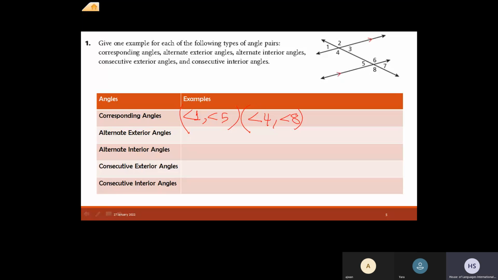Another pair of angles that are corresponding. They are on the same side of the transversal and both up or both down. Julie told you 1 and 5 or 4 and 8.